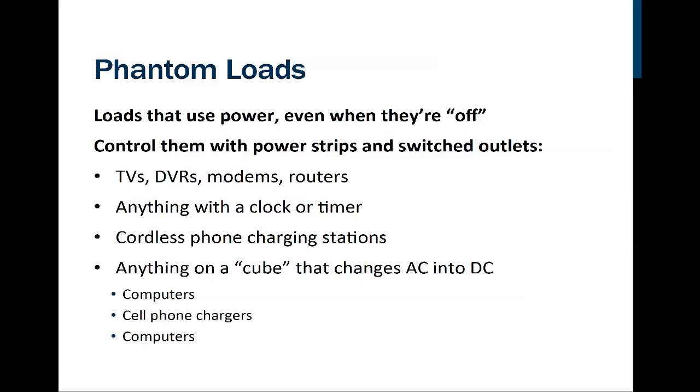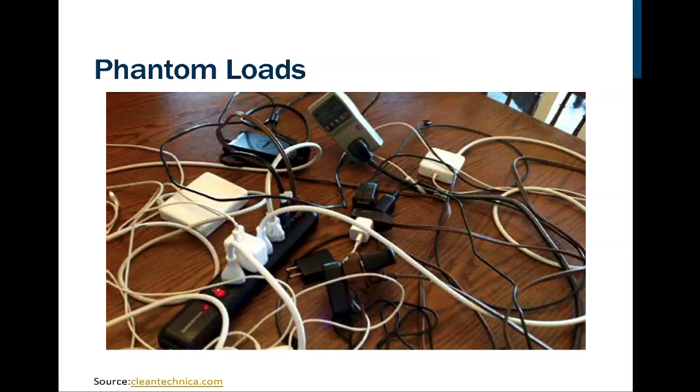So other things, cordless phone charging stations, cell phone chargers, computers, anything that's got the little wall wart or a cube that changes AC into DC. So this is an example of what those things look like. So here we see, wow, here's a kilowatt meter. Someone's measuring some of this, right? Here we got some cell phone chargers down here. There's a cell phone itself.